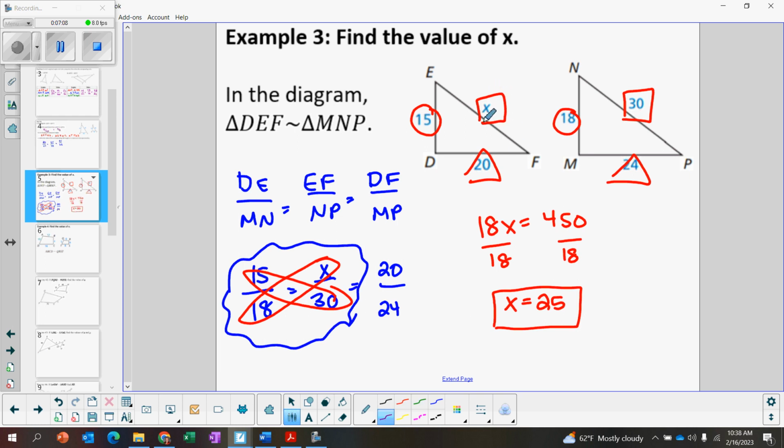So if I know x matches 30, then I can pick any other of these two and match with the corresponding. 15 matched with 18 or 20 with 24. And I end up with the same exact proportion that I saw over here. So it's up to you if you want to do the full statement of proportionality or label your sides as what goes together and make your fraction that way.